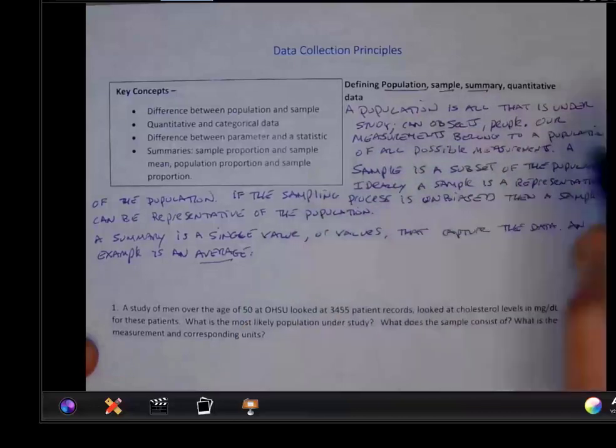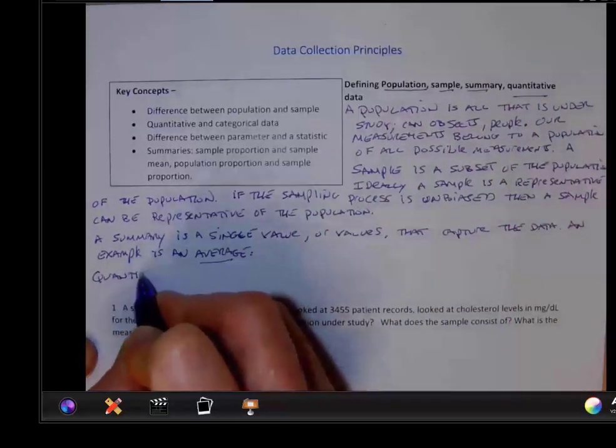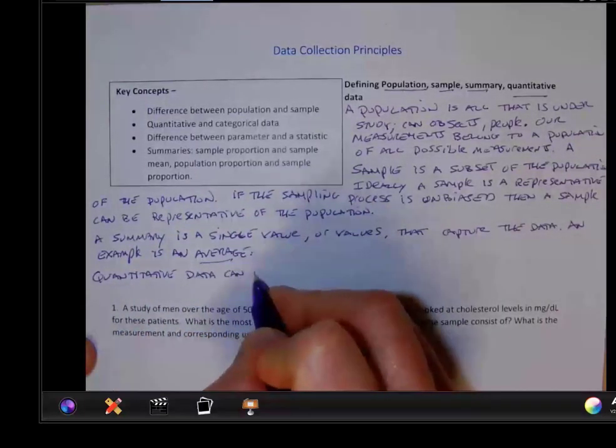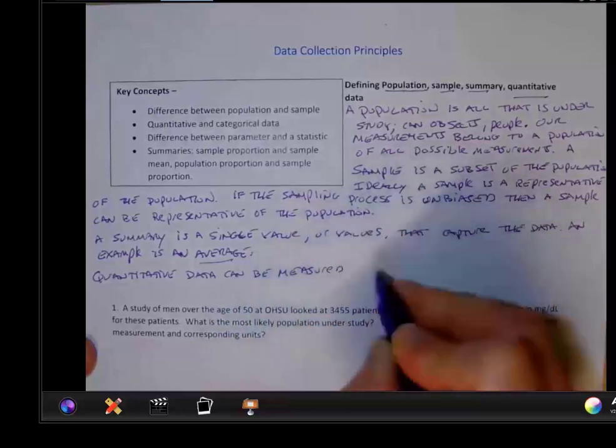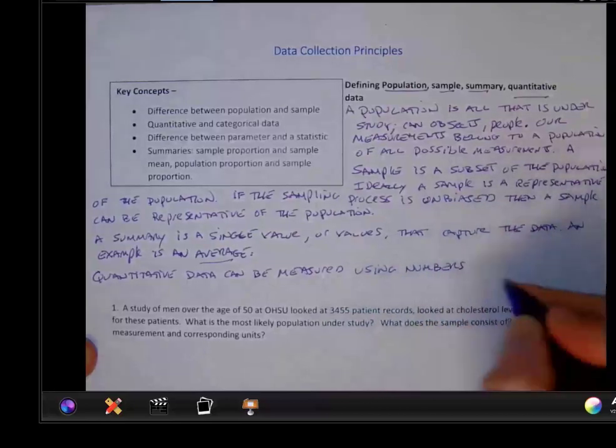And then we have this other issue, quantitative data. Quantitative data can be measured using numbers. But it's more than just that.